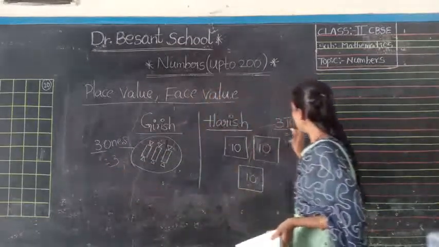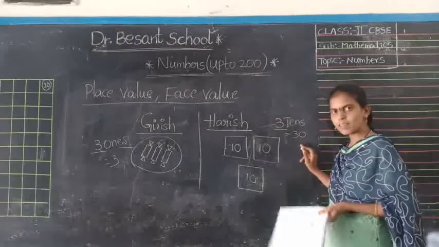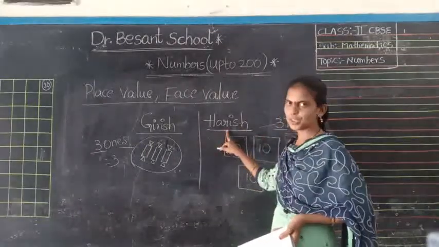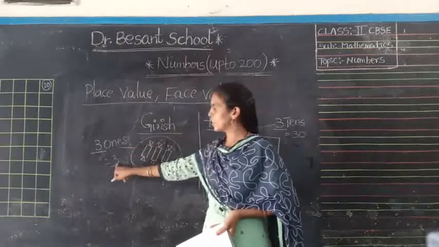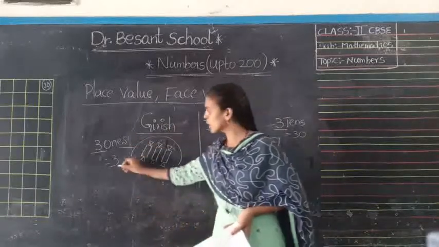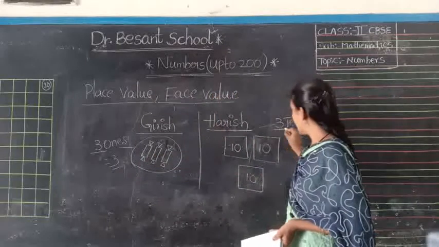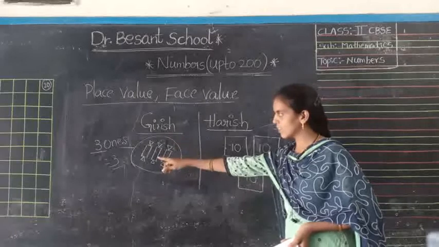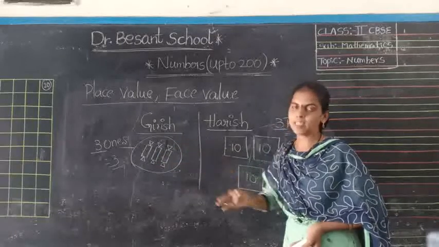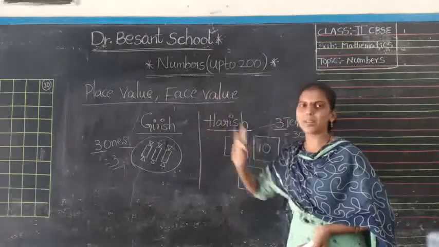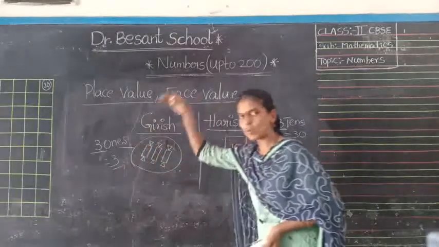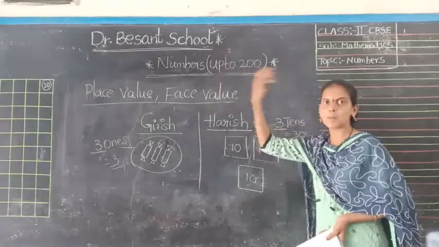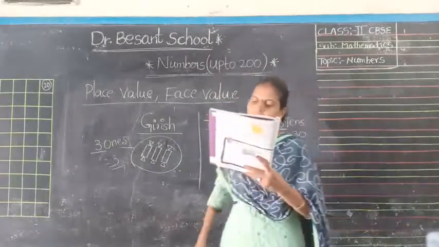Yes. 3 tens means how much? 30 only? Yes. Who buys 30 chocolates? Harish. Girish buys how many? 3. Though the numbers are the same, 3, the place of the digit 3 varies from one place to another. Here 3 is placed in ones place only, whereas here the 3 is in tens place. Once see the textbook?